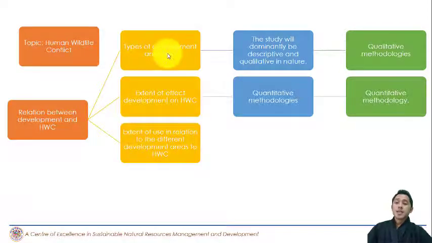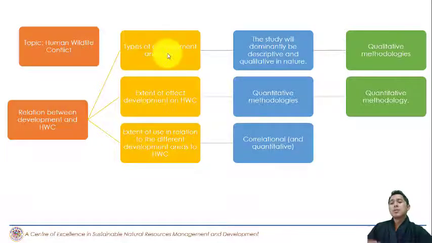If we are to look at the extent in relation to different developmental areas and human wildlife conflict, we are going to look at the developmental activities happening at different places and see whether they have any difference or any association with regard to human wildlife conflict.